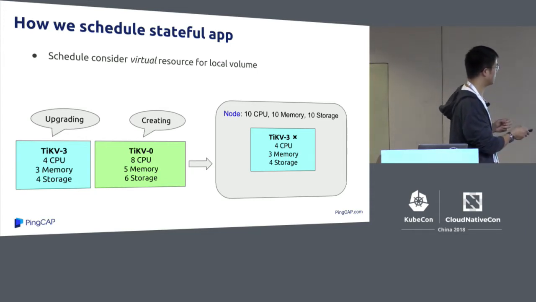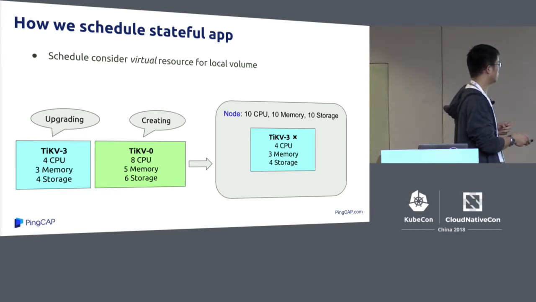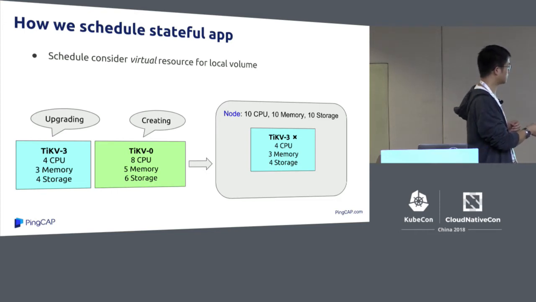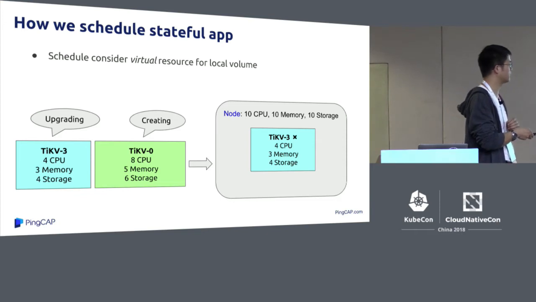Let's assume the node has 10 CPU, 10 memory, and 10 local storage, and one of the TiDB cluster's TiKV pods consumes 4 CPU, 3 memory, and 4 storage. When the TiDB is upgrading, the stateful set will kill the TiKV3 pod.